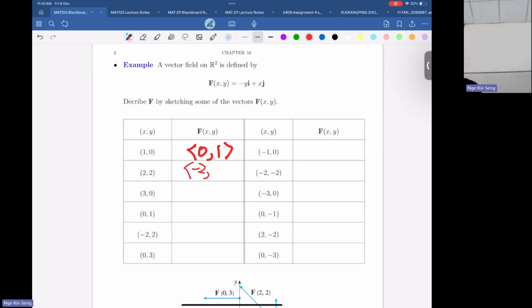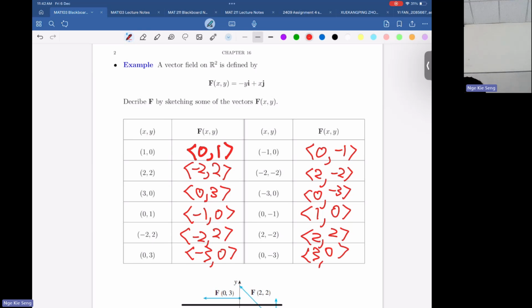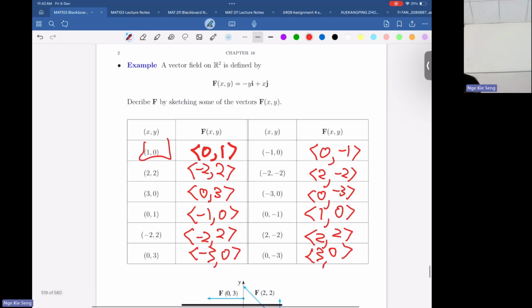If (2, 2), (3, 0), (2, 3), then (1, 0), so minus 2, (3, 0), minus 1, 2 minus 2, 0 minus 3.